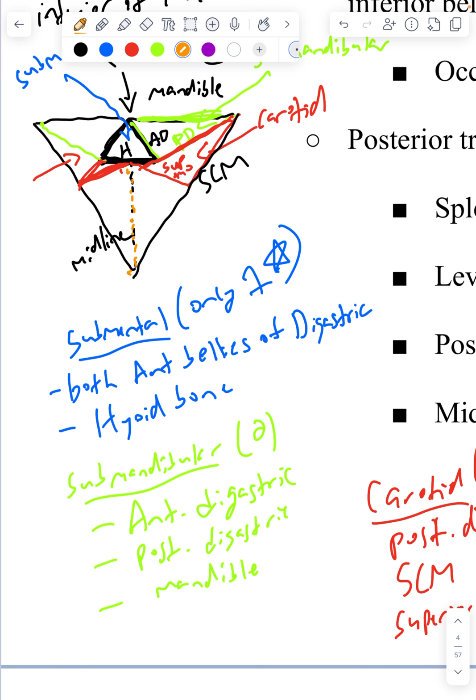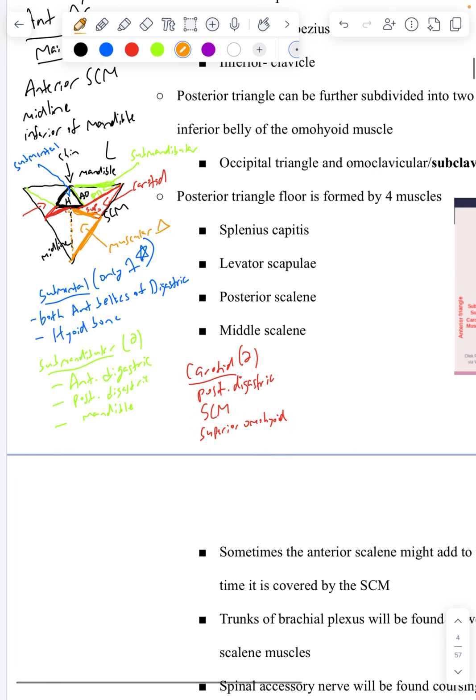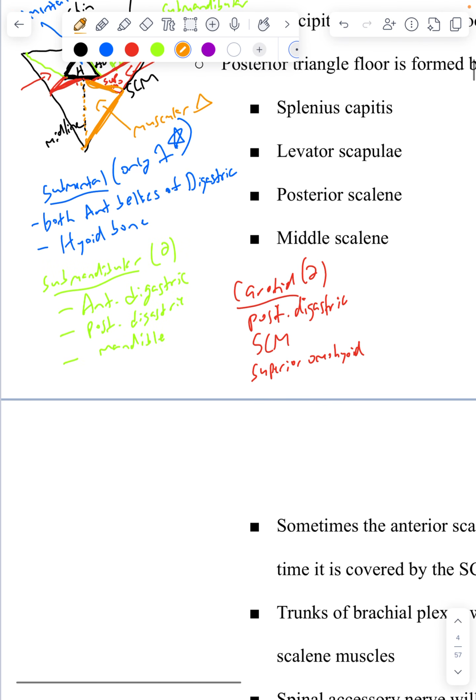Okay, so sternocleidomastoid, superior omohyoid, and then the mid-sagittal line. So then this is your muscular triangle. And then we're going to have two of that, so one on the right, one on the left.